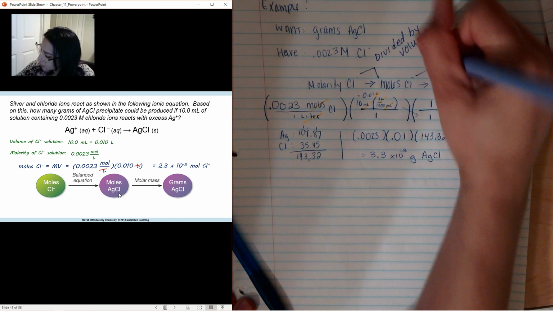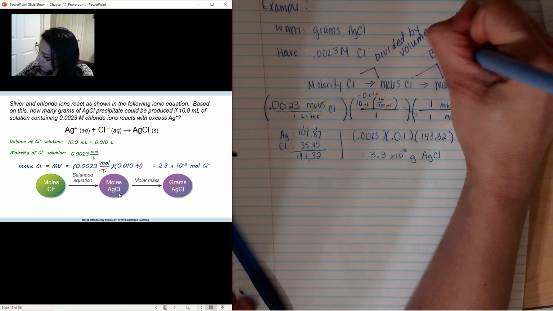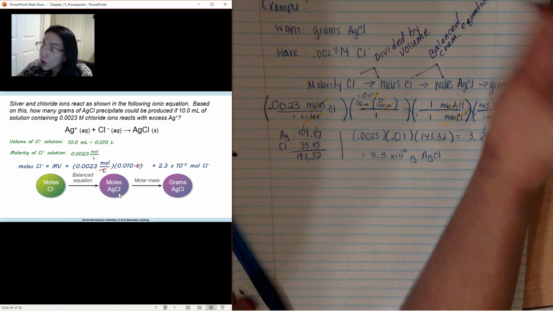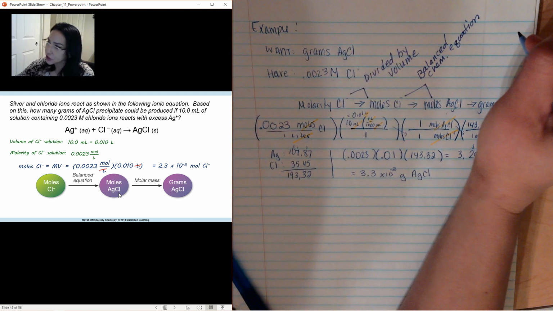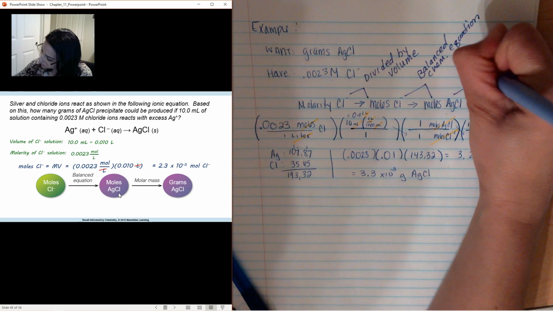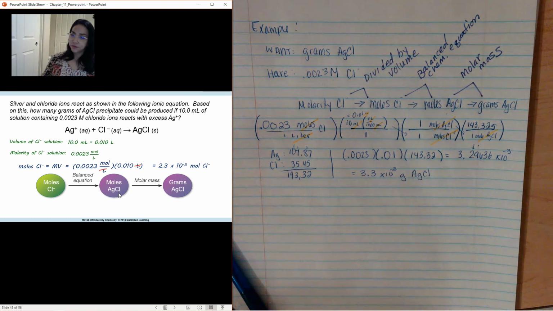From here to here, we were using the balanced chemical equation, right? The coefficients from the balanced chemical equation. And from here to here, the molar mass from the periodic table.